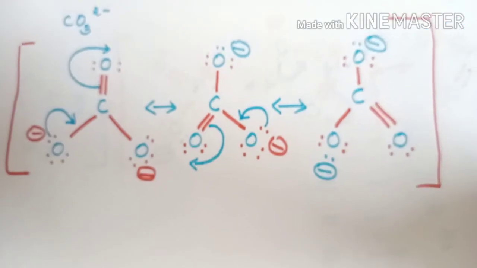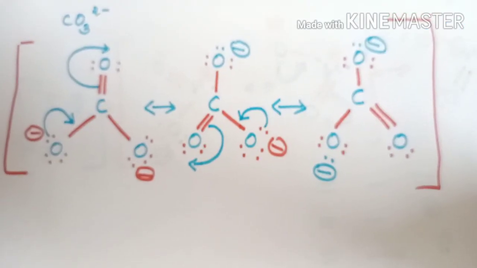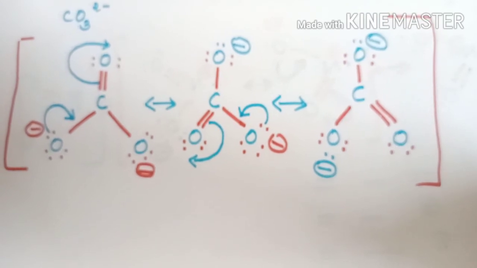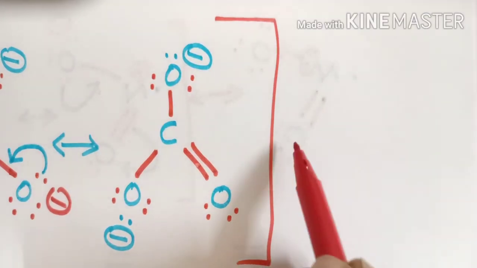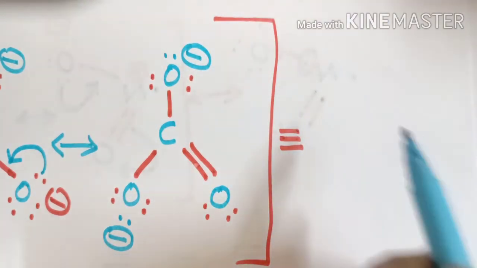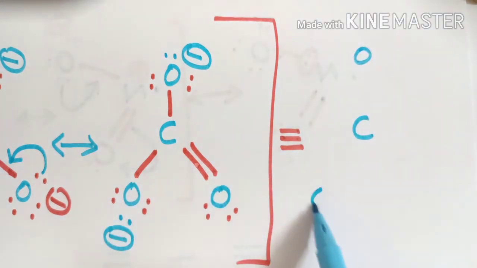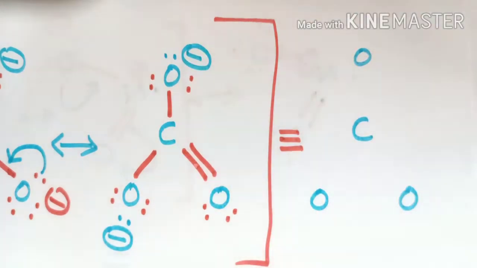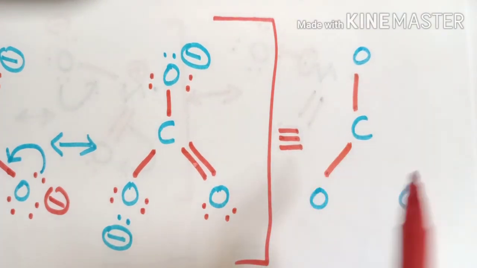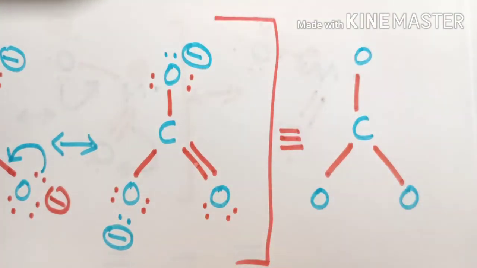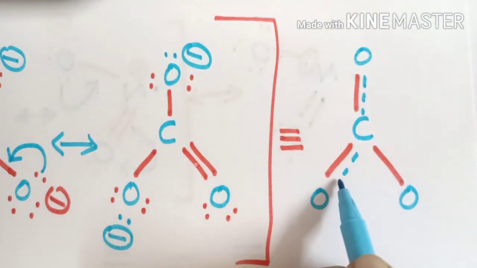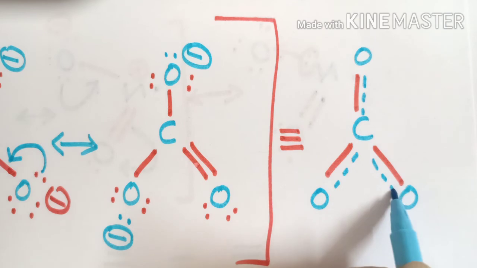The actual structure is a resonance hybrid of 3 contributing structures or 3 canonical forms, which we represent as equivalent to single bond, single bond, single bond, and it is having partial double bond character everywhere.